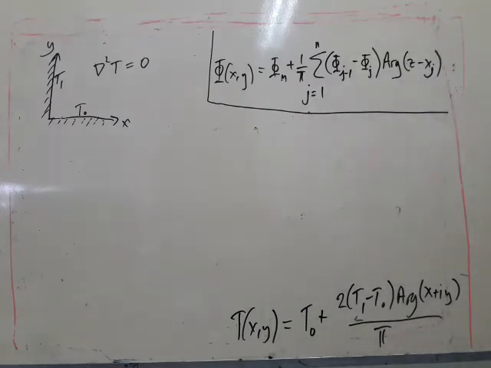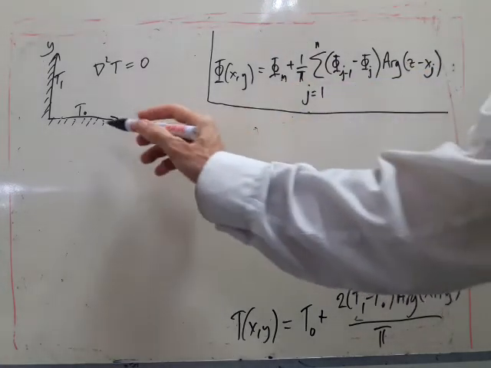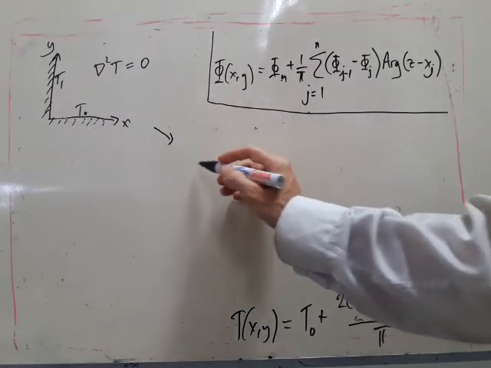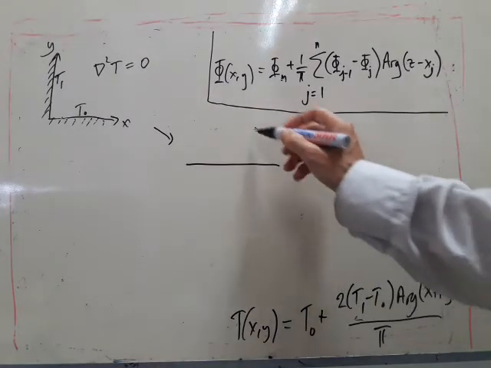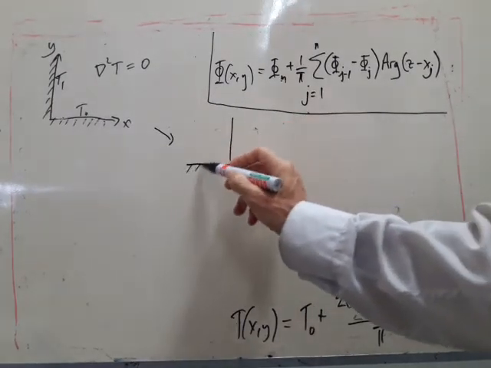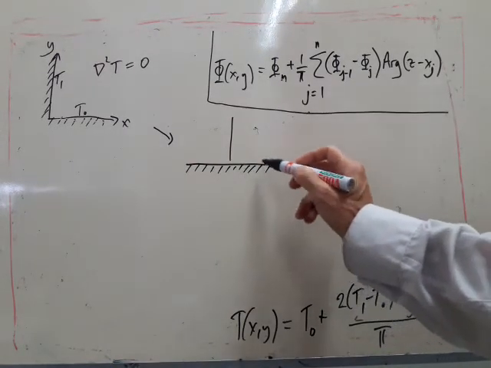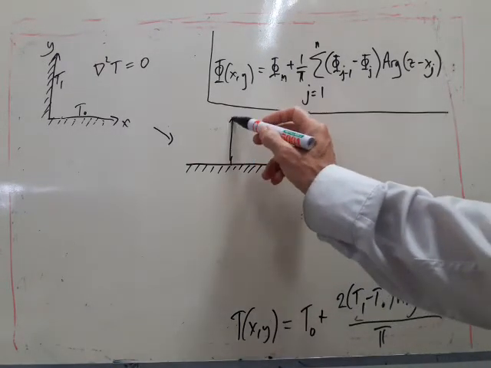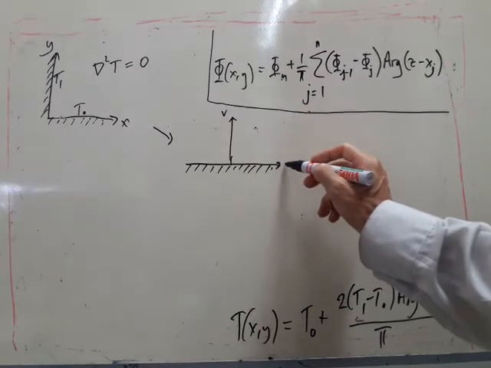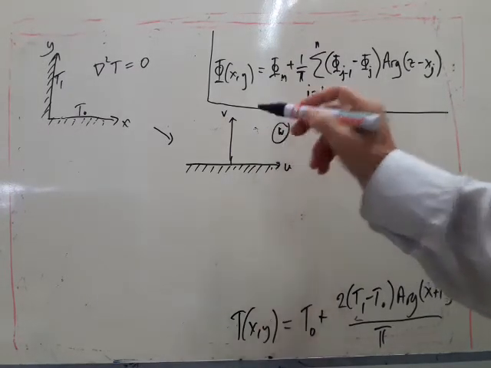But just to illustrate the idea of conformal mapping, I'm now going to solve the same problem using the conformal mapping approach. So what we want to do now is transform this into the w plane, which is the upper half of the w plane. So we've got this situation here. This is now the w plane.